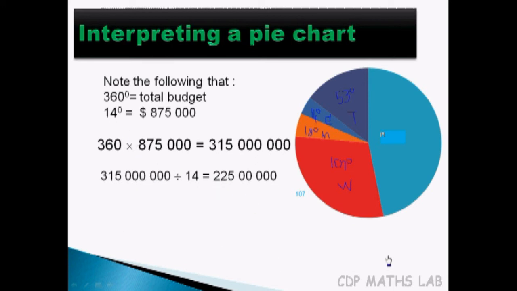Now note, what if you had, say, $10? Good. And you were to share this $10 between, say, two persons, and one was supposed to get 2/5 of it, and then your answer then would be equal to 4.